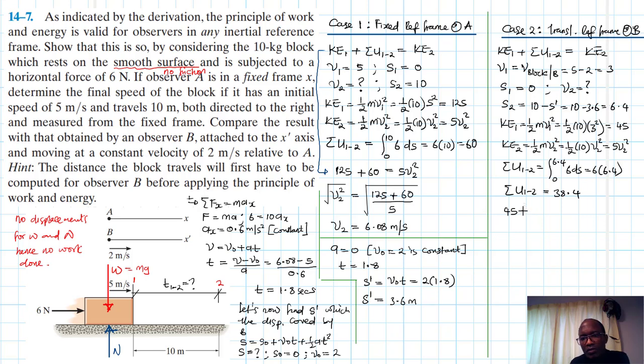So summing up everything together, we have the 45. Then we have 38.4. Then this is equal to 5 v2 squared. So v2 squared, we have (45 plus 38.4) divided by 5, then we take the square root on both sides.